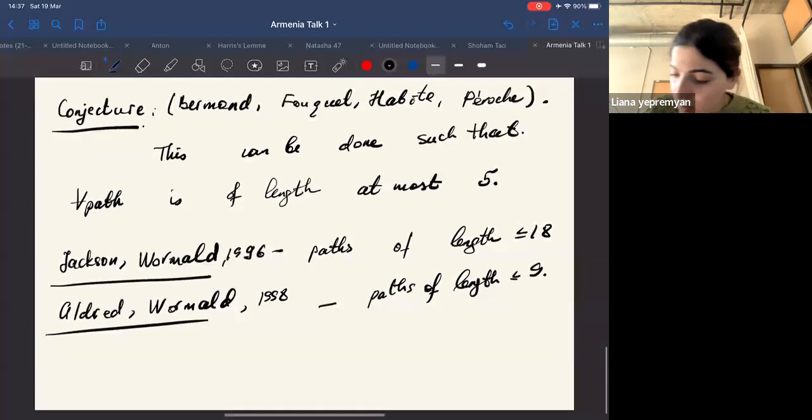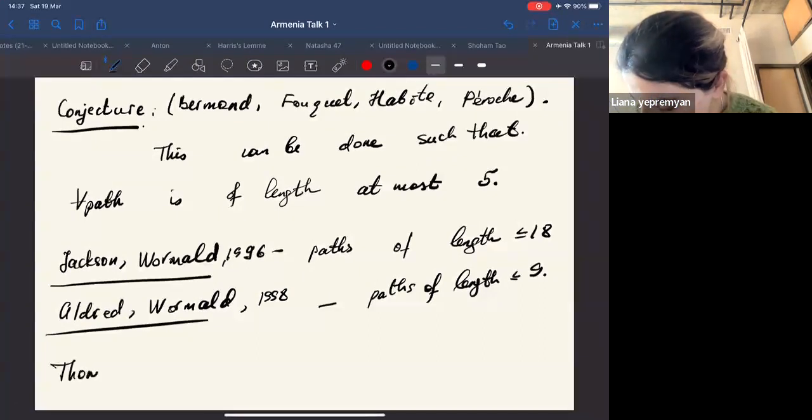And finally, Thomason proved this conjecture. The conjecture is true.